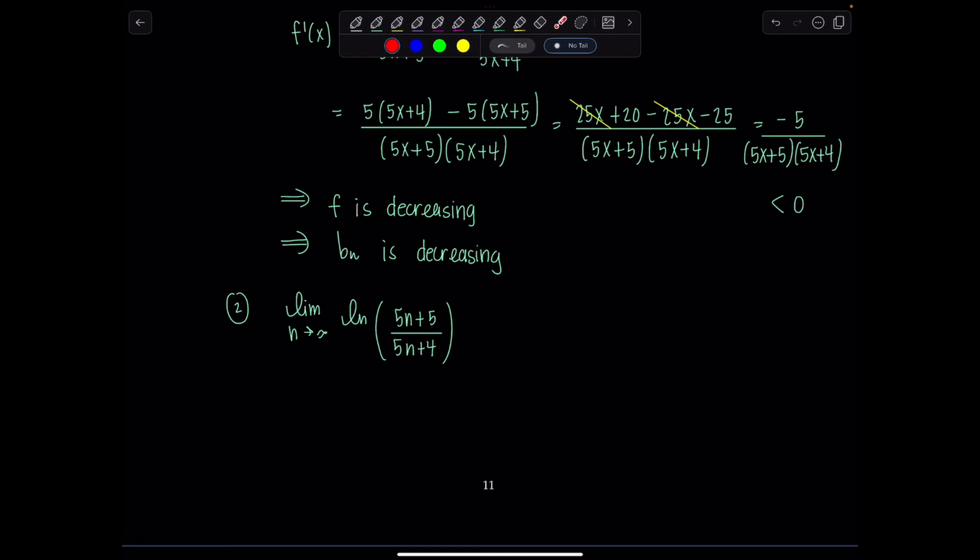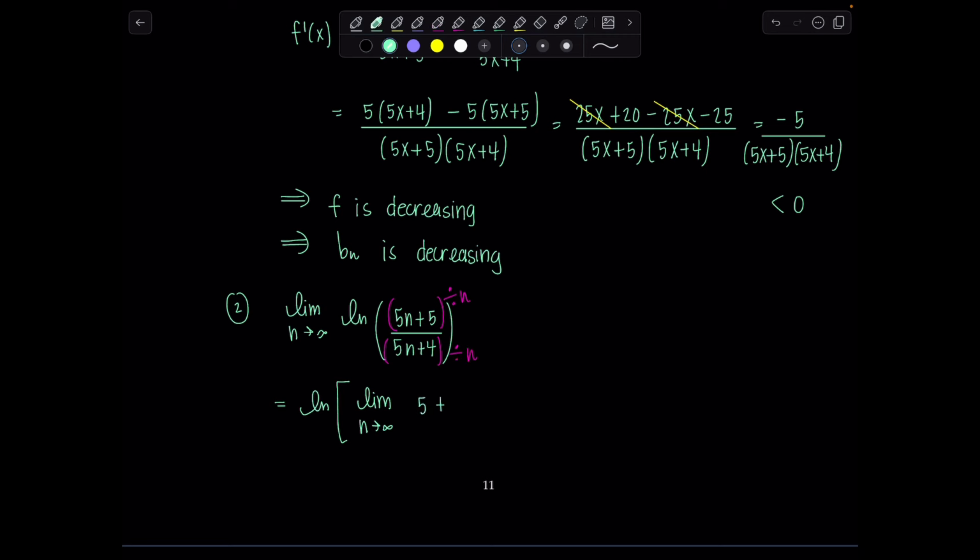Well, when n goes to infinity, both numerator and denominator go to infinity. I don't want to do L'Hopital's rule because remember, this is not a differentiable function. So you can take the ln out and just pass the limit through if you want. And then I'm going to divide everybody by the highest power of n in the denominator, which is n to the first. That should do the trick.